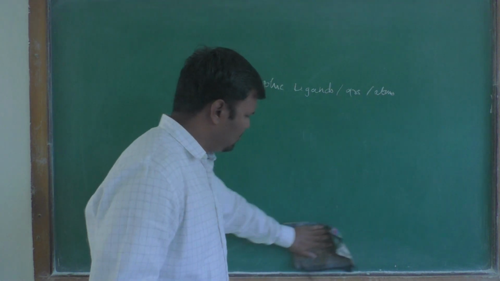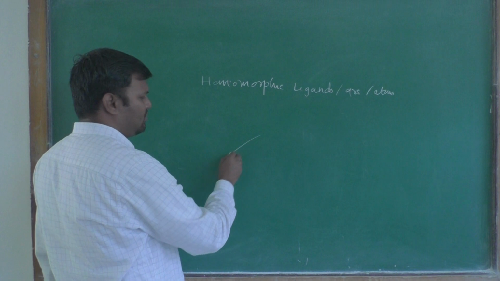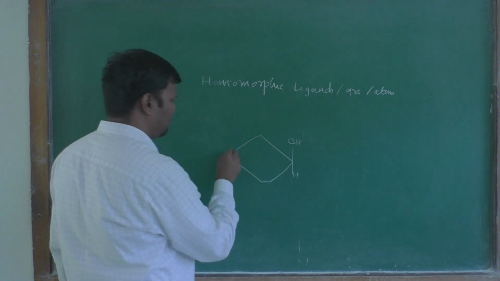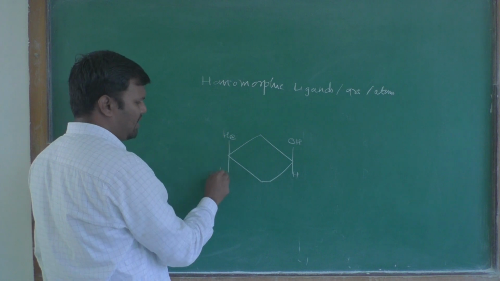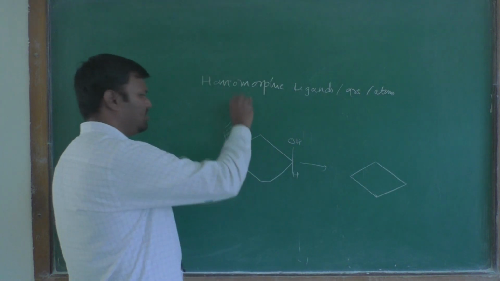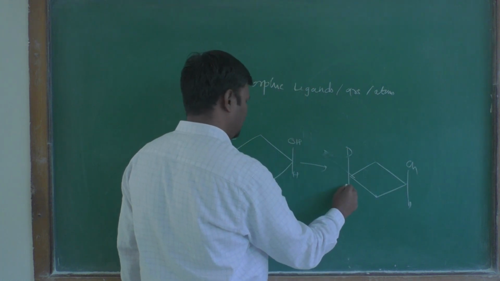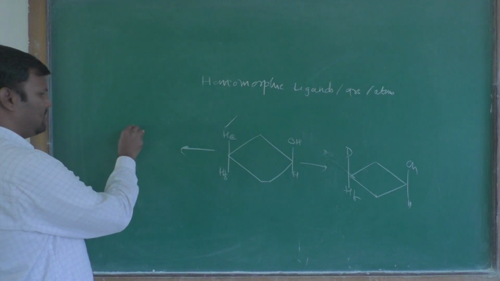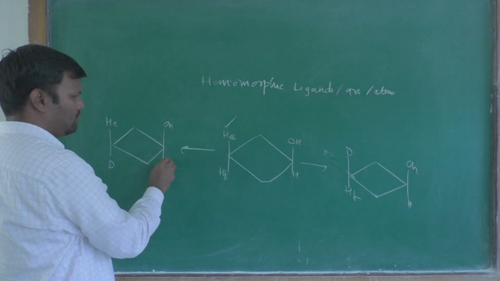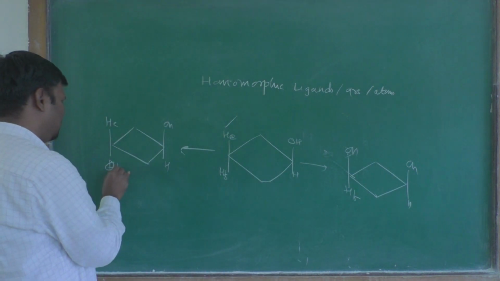Okay, now we have another example. Suppose we have the example with OH and H, and Ha, He and Hf, and when you replace He with deuterium, and Hf as it is, and when you replace Hf with deuterium, okay, I have taken the OH because these are the same.